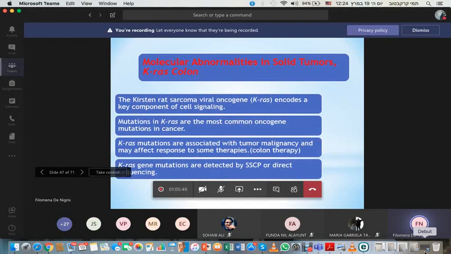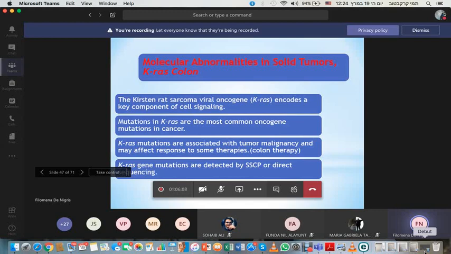Probably everybody knows about the oncogenes involved in tumor development. I don't want to talk about the oncogenes, of course, but how we can monitor these markers and when we observe these markers in blood.